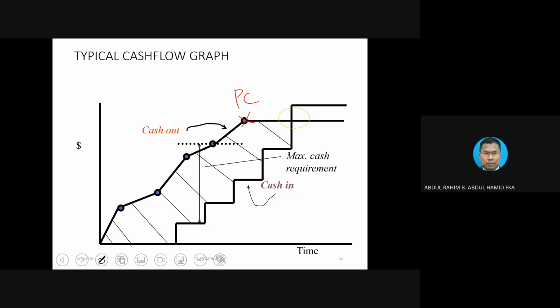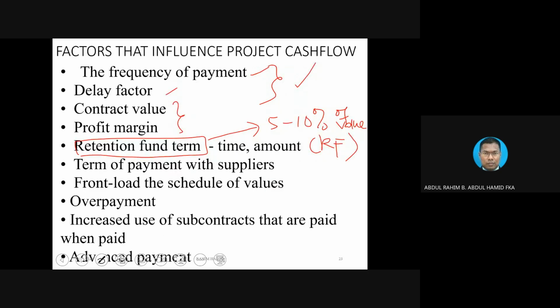The client can appoint another repair contractor to rectify, and the client will pay. And where does the payment come from? From this amount. Retention fund simply means the client will retain, will hold back some amount of money.